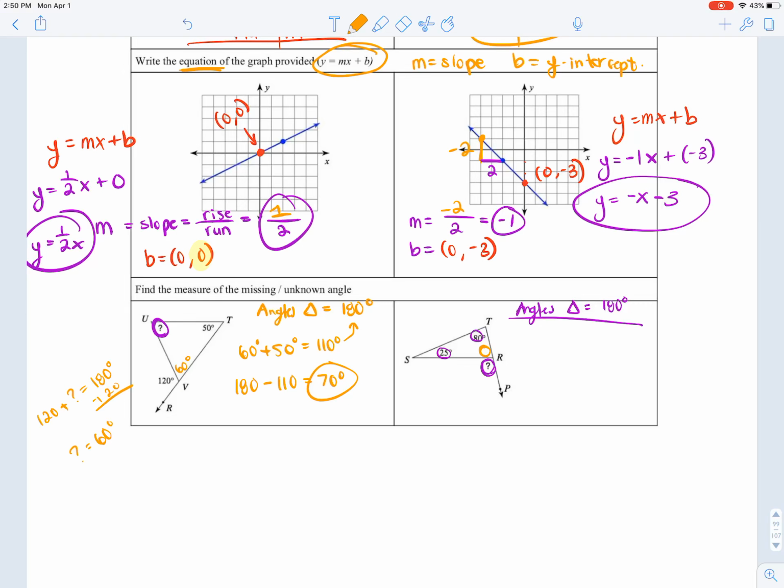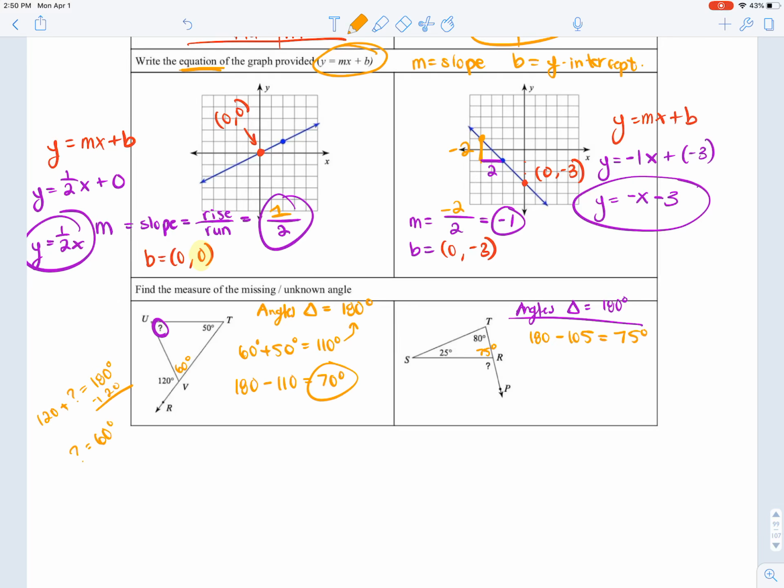So 80 plus 25 is 105. So far I have 105 degrees. So I'm going to subtract 180 minus 105. And let's see, how much is that? That's going to be 75 degrees. So this little orange circle that I drew is now 75 degrees.